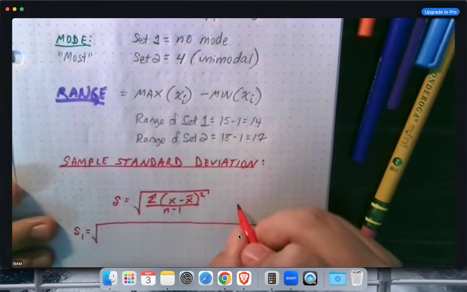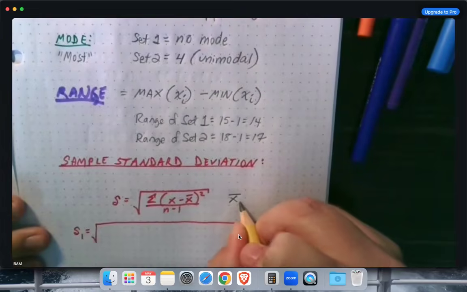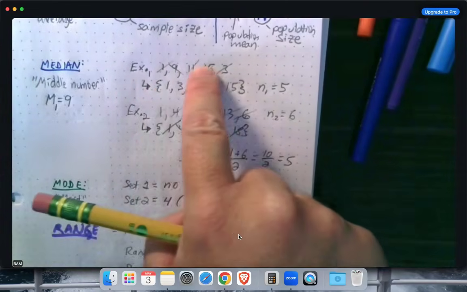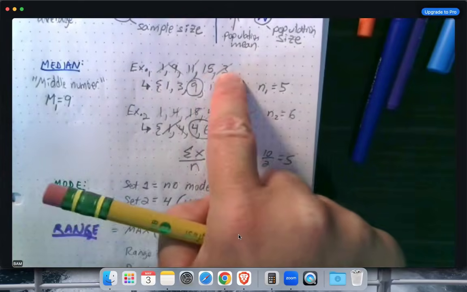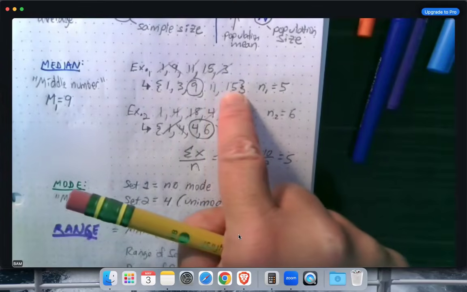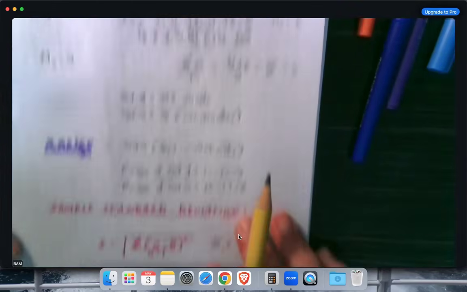So I need to get x bar sub 1. And I can take them in the original order or in increasing order or whatever.